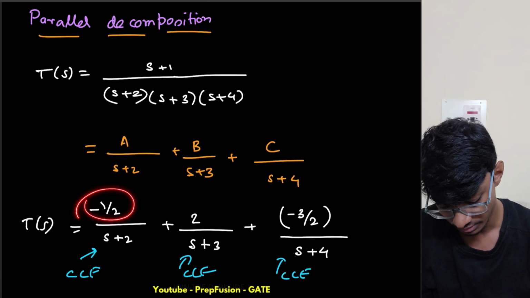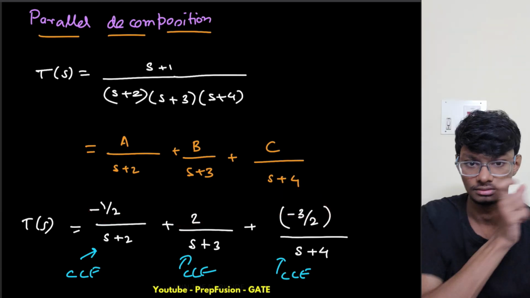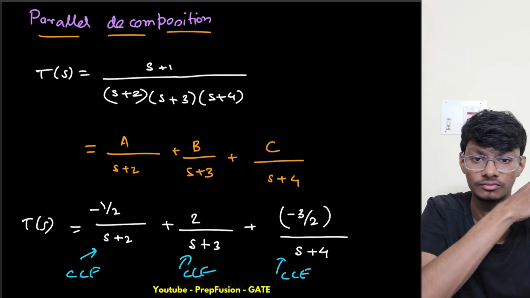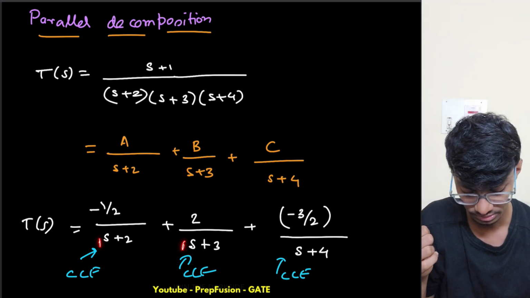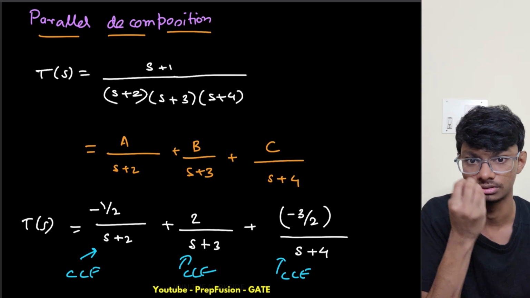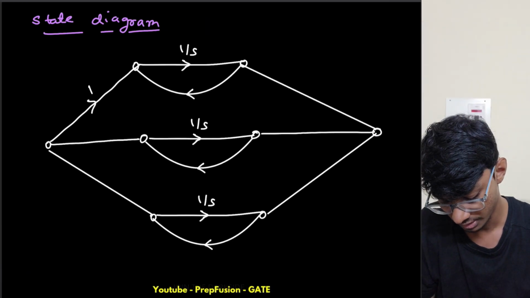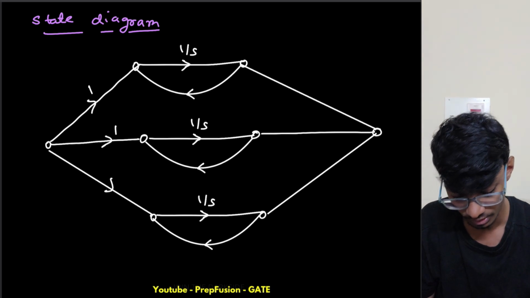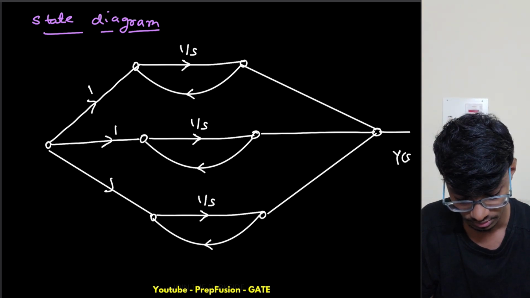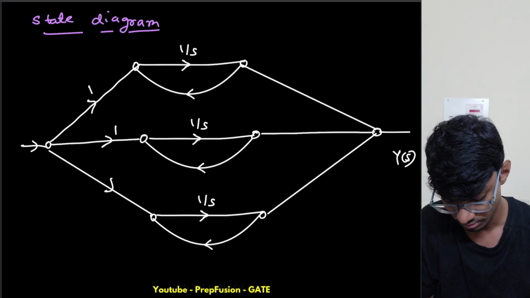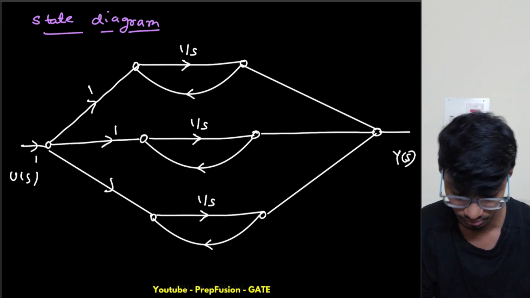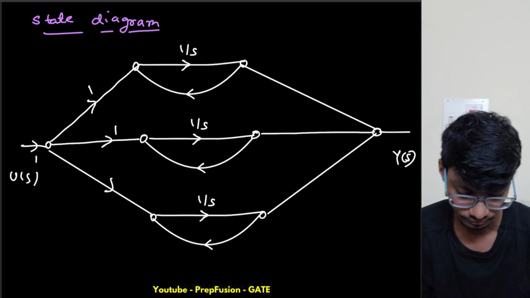These terms, what do they mean? These are the gains at the y side. At the u side, the coefficient of s will be the gain of the u side. So the u side has only one gain. This is the y side, Y of s, and this is U of s.